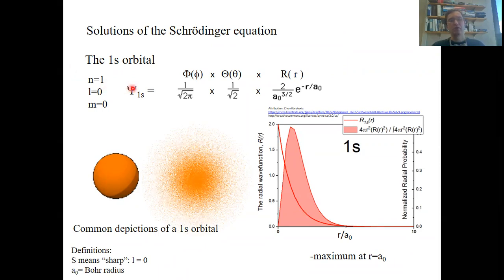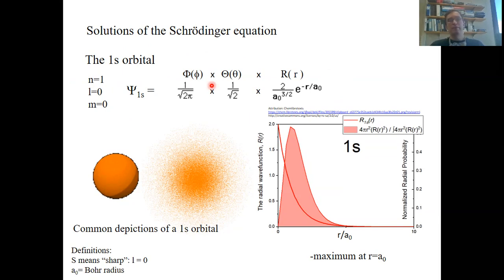As you probably all know, 1 stands for the quantum number n, which is equal to 1, and s means sharp. When we have an s orbital, we always mean that the quantum number L is equal to 0. So you see here the explicit form of the wave function for the 1s orbital.